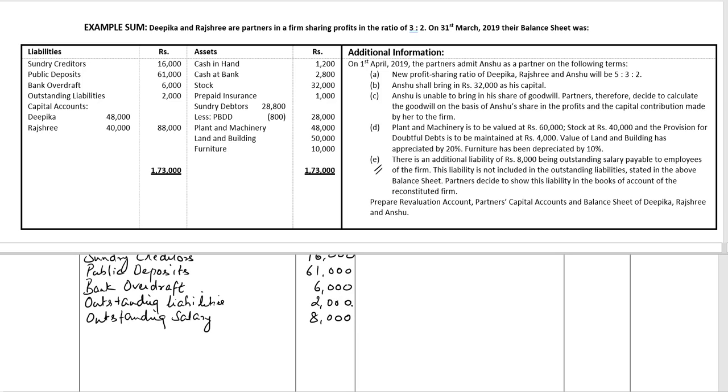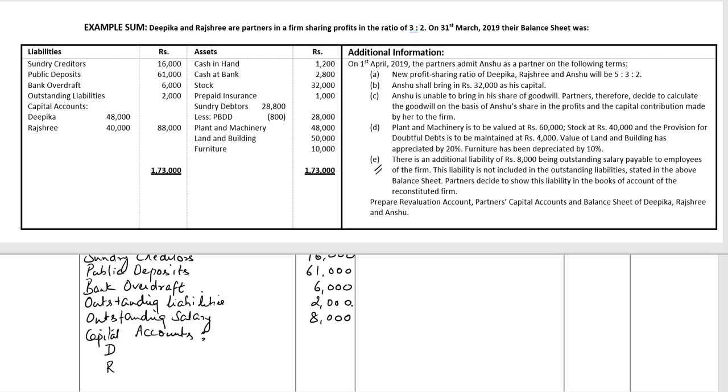Finally, we'll insert the capital accounts of the partners. So we have Deepika, Rajshri and Anshu.